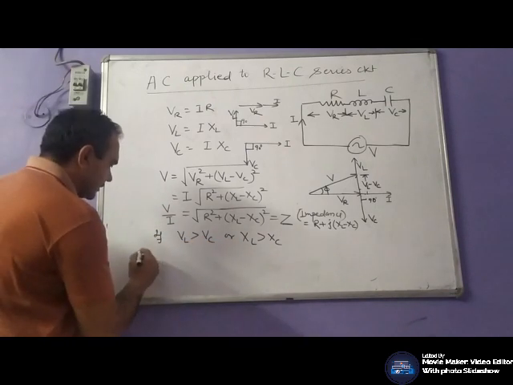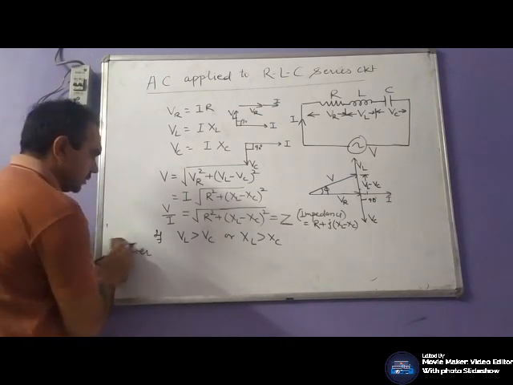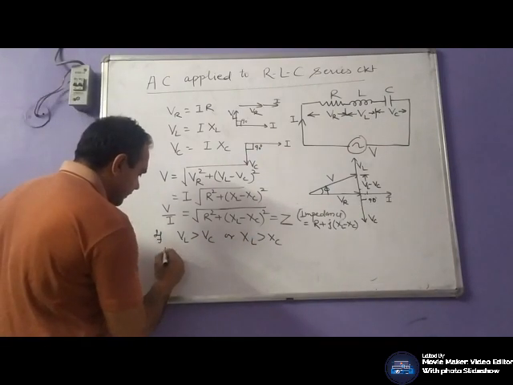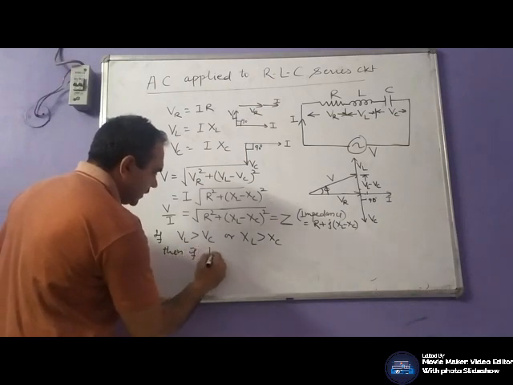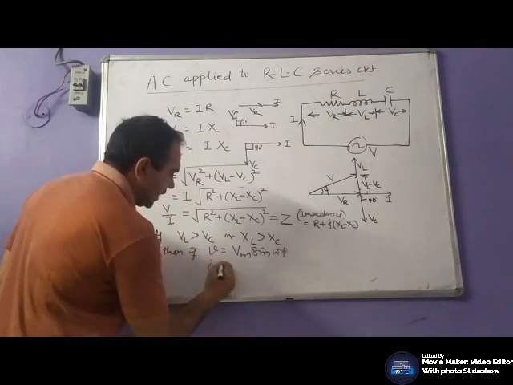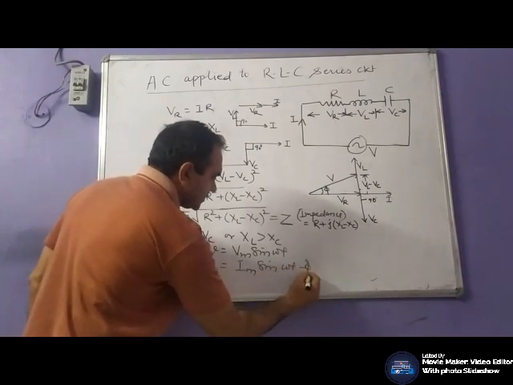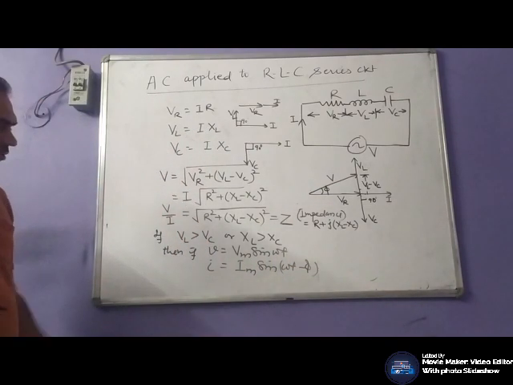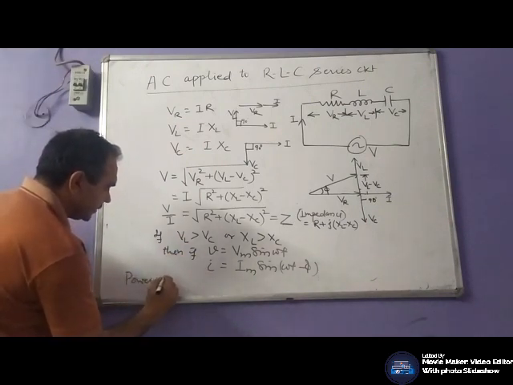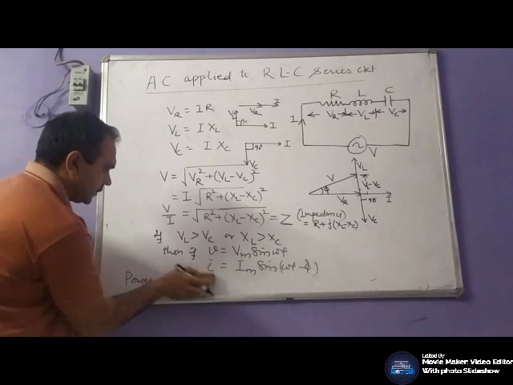What would be your power? XL would be greater than XC. Then if applied voltage is Vm sin omega t, then what would be the current? Im sin of omega t minus phi. And accordingly we will find the power, and power would be VI cos phi.